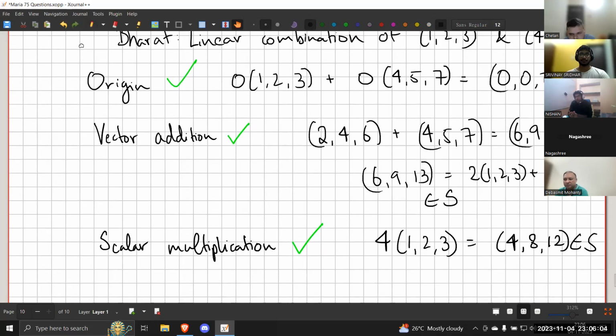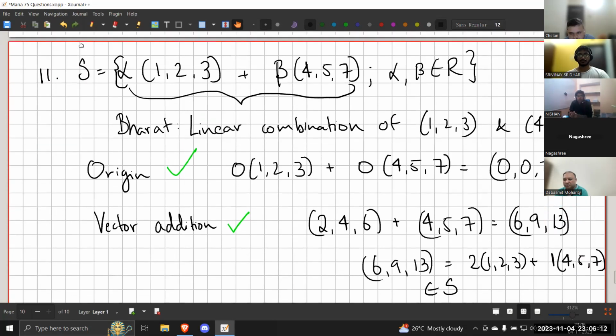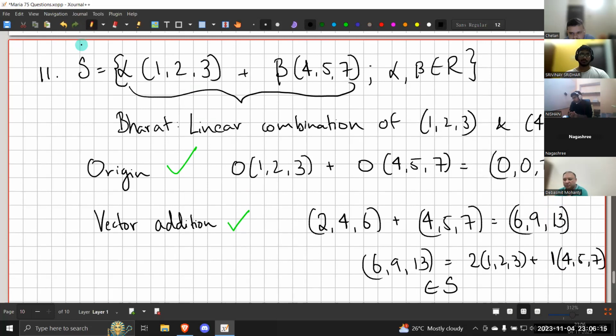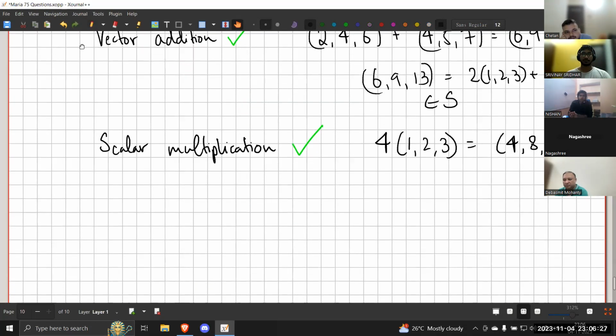So the interesting thing is that whenever we take a linear combination of those two vectors, alpha times vector A and beta times vector B, we get the resultant on the plane itself that was formed by those two vectors.